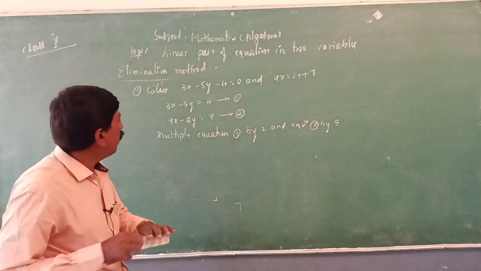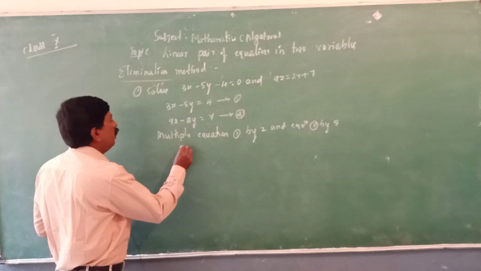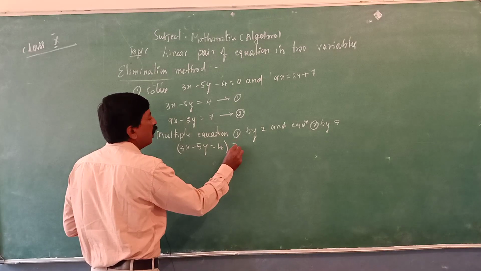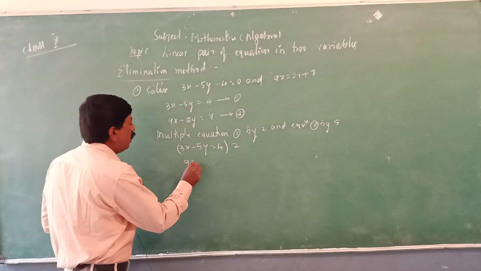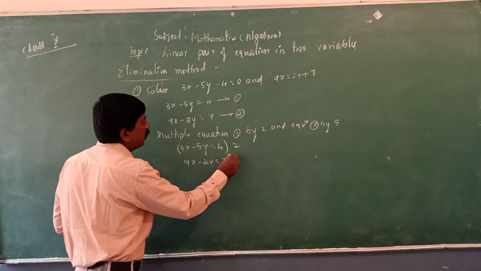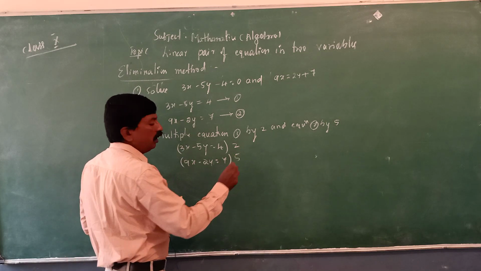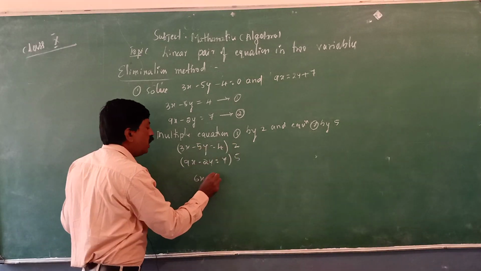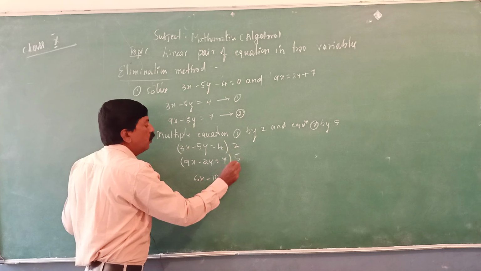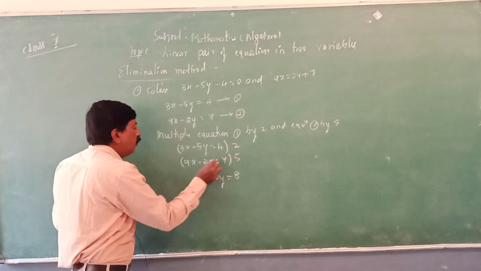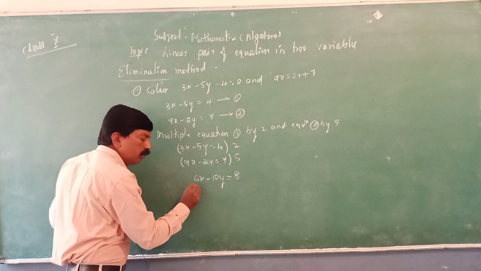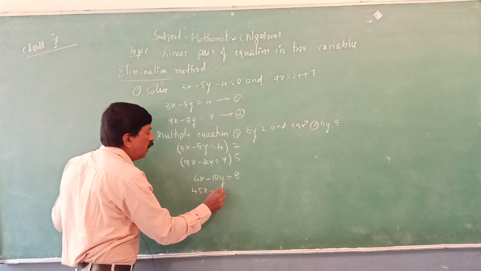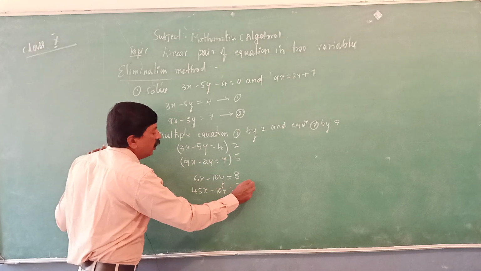What is that? 3x minus 5y is equal to 4 is multiplied with constant 2, and 9x minus 2y is equal to 7 is multiplied with constant 5. 2 3s are 6x minus 2 5s are 10y, which is equal to 4 2s are 8. Again, 5 9s are 45x minus 2 5s are 10y is equal to 7 5s are 35.